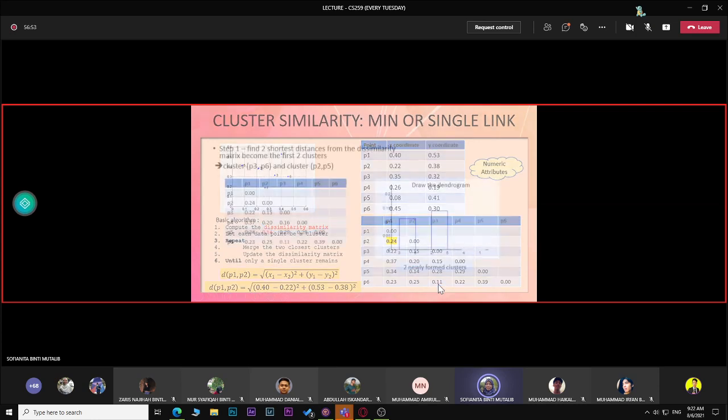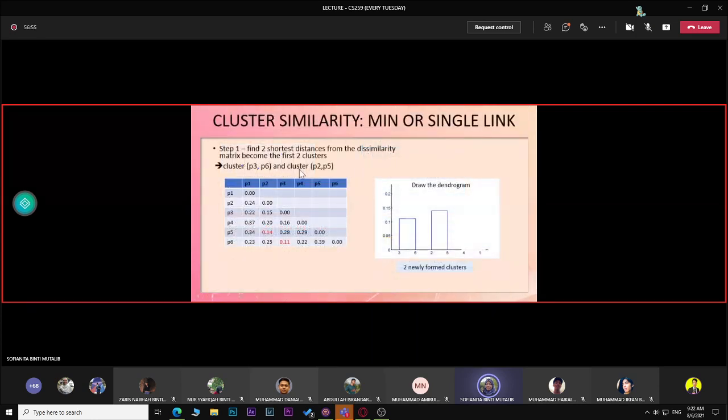Yeah. So what we can have here would be two closest clusters. Okay. So after we have the two closest clusters or two shortest distances, objects will be formed into the first two clusters. Okay, right? So here, what you see here, okay, 3 is combined with 6 and 2 is combined with 5. And remember, okay, you need to capture the value and it will be shown in the y-axis.